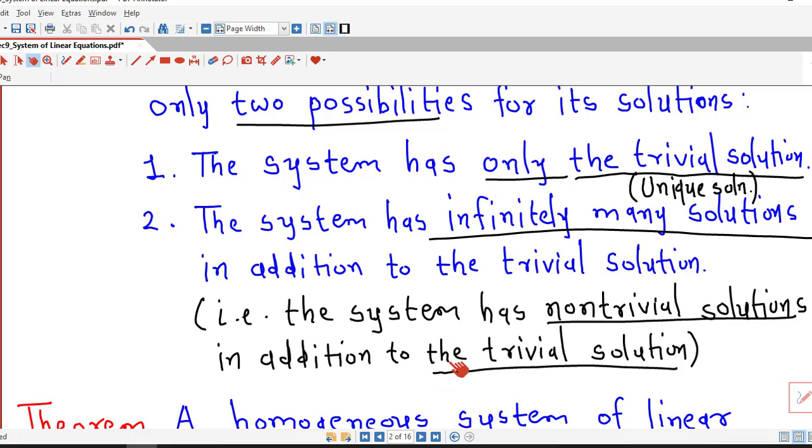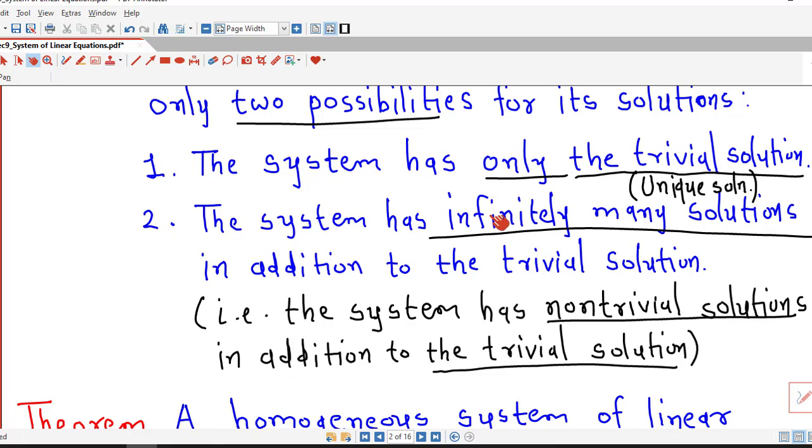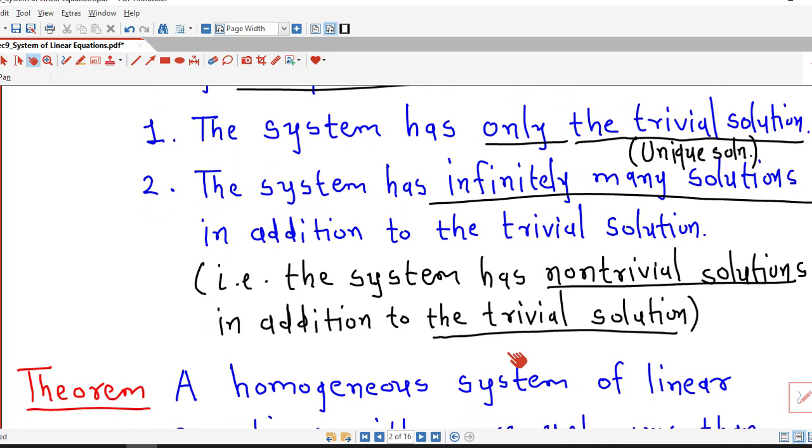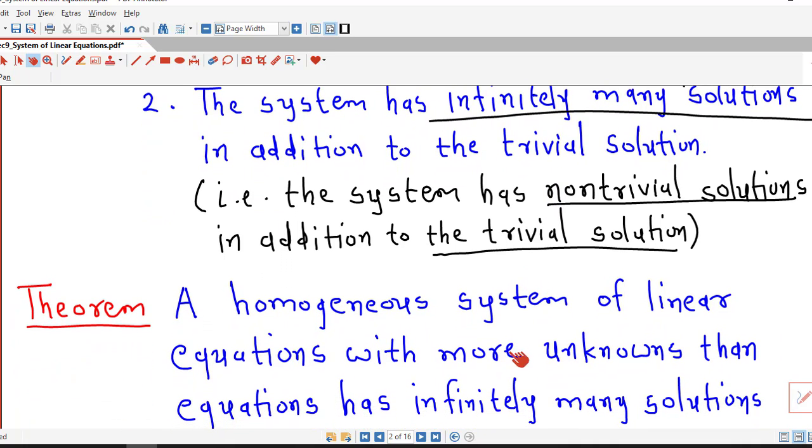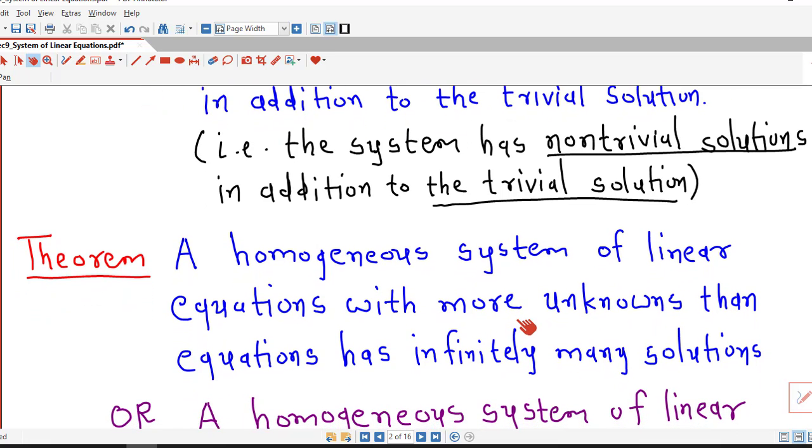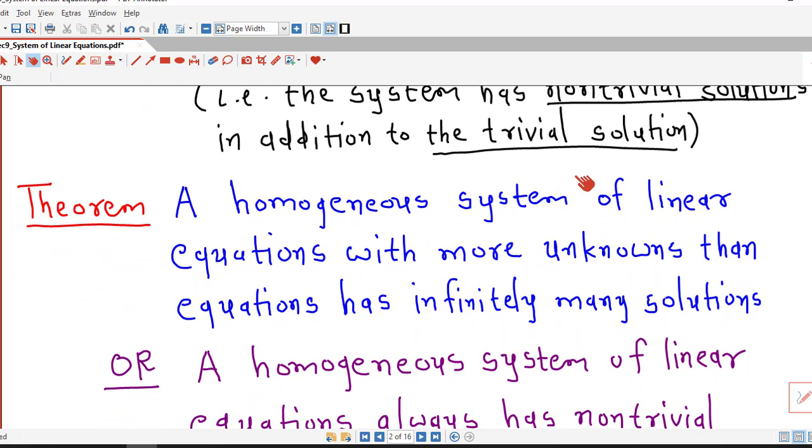Now how do we decide whether a homogeneous system has a unique solution or infinitely many solutions, or how do we check whether a homogeneous system has only the trivial solution or non-trivial solutions? So we see one result which gives the guarantee of non-trivial solutions or infinitely many solutions.